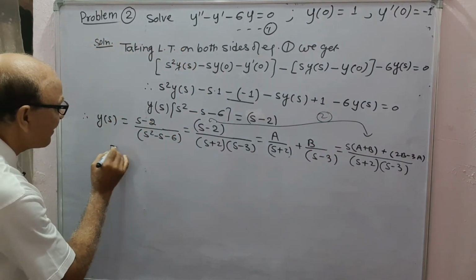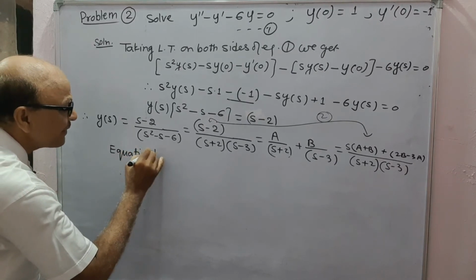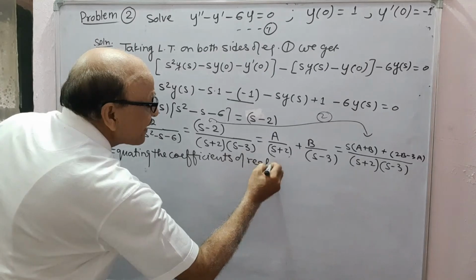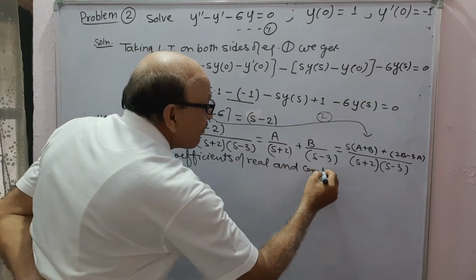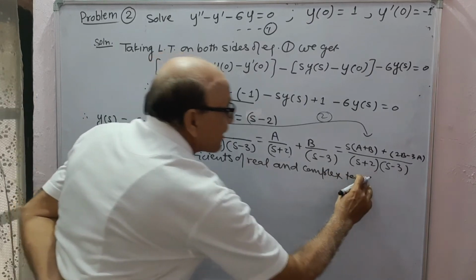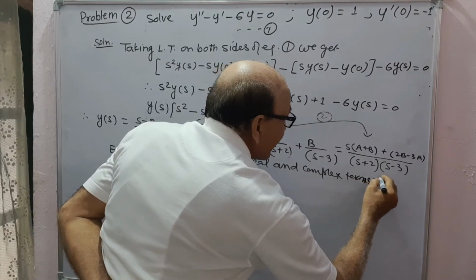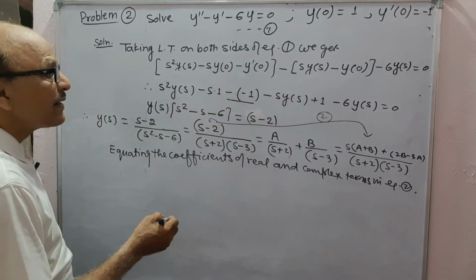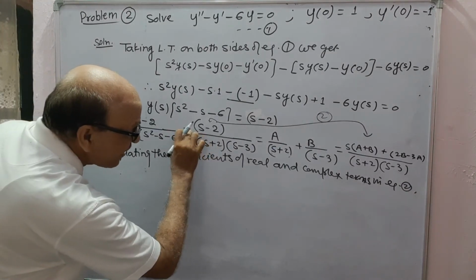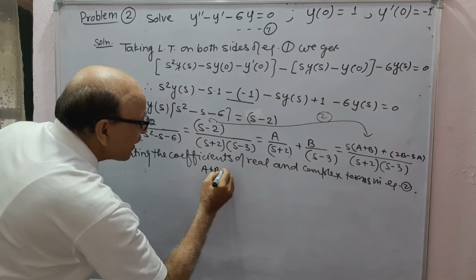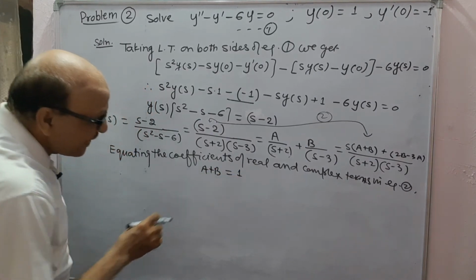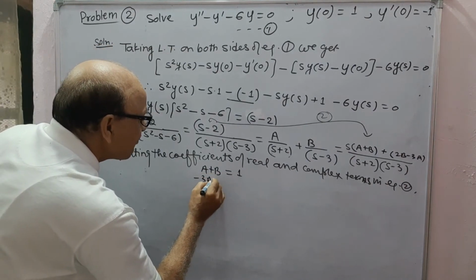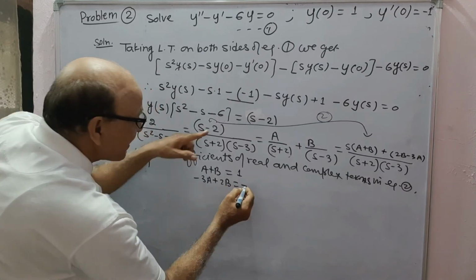So equating the coefficients of real and complex terms in equation 2, the coefficient of s is a plus b, and here the coefficient of s is 1. So a plus b is equal to 1, and for the coefficient of the real term, 2b minus 3a is equal to minus 2.